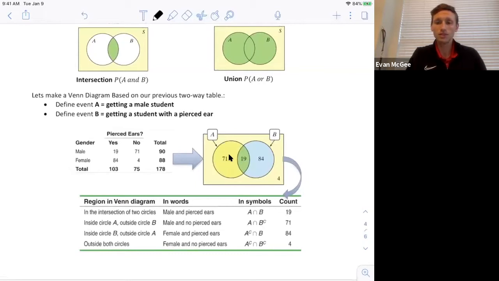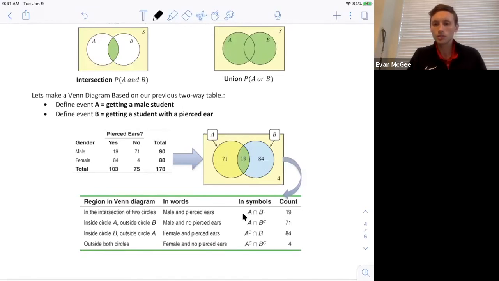So there were 71 males that did not have pierced ears, and you can see that here. And there were 84 that had pierced ears but were not male. So that would be the 84 were females and had pierced ears.